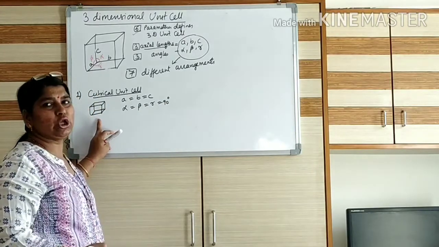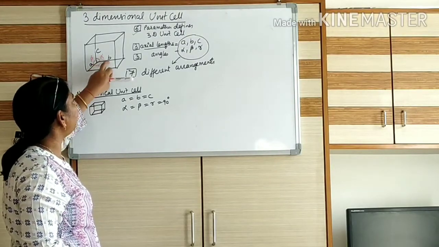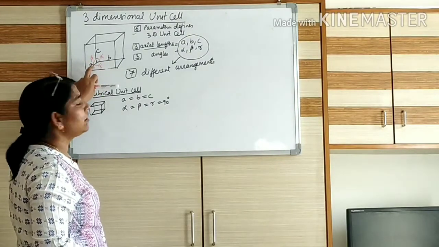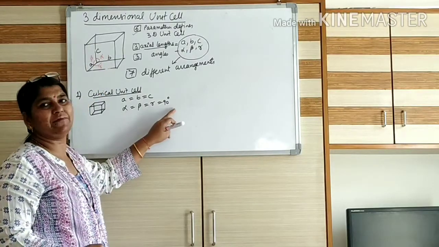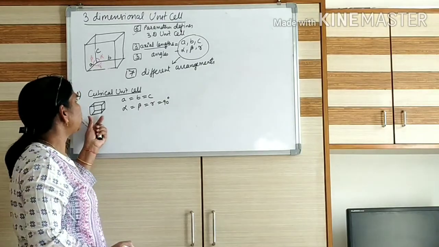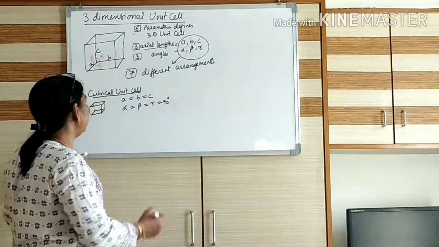This is your cubical unit cell, in which length, breadth, and height are all the same, and the angles are also equal and are 90 degrees.